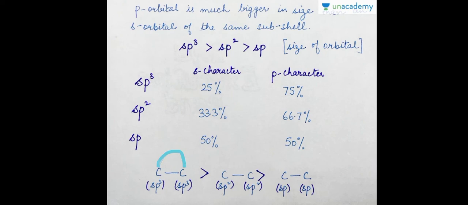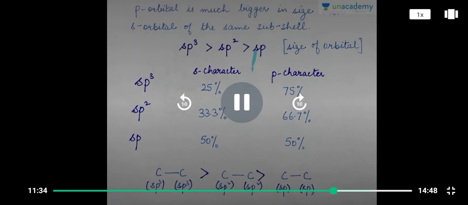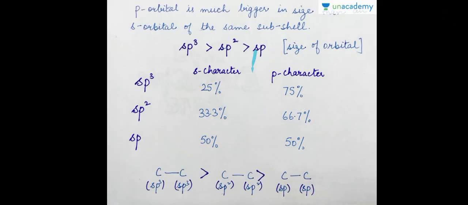And sp hybridized is the smallest orbital out of these three. Therefore, a shorter bond will be formed between two sp hybridized carbon atoms. And the sp2 hybridized carbon-carbon bond comes intermediate between both of these.